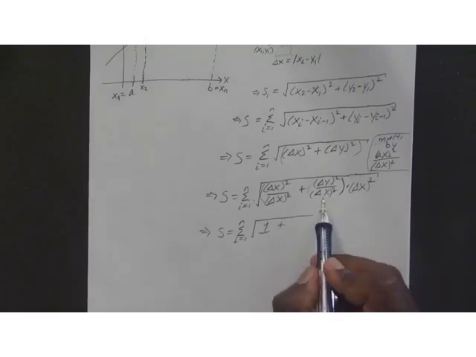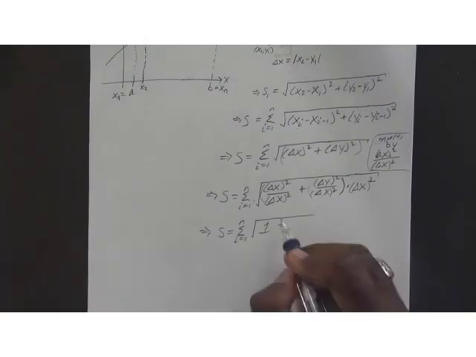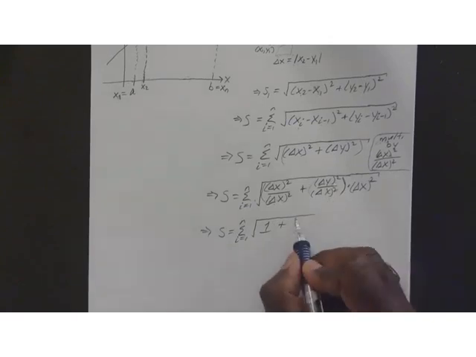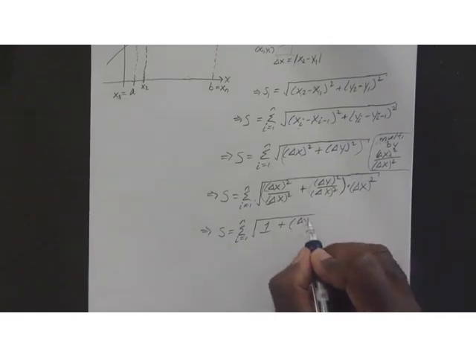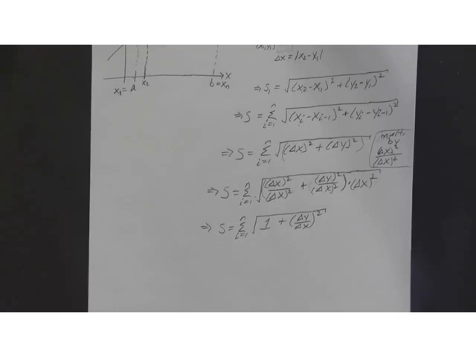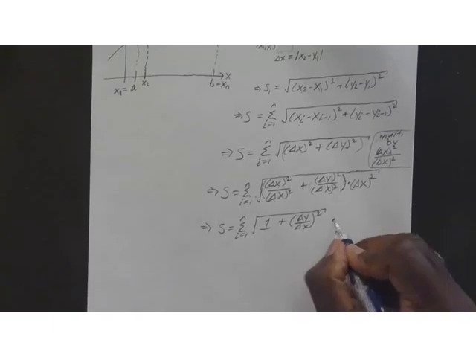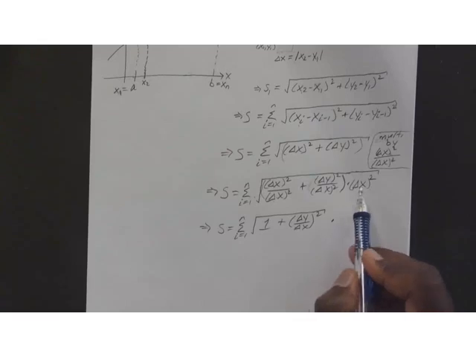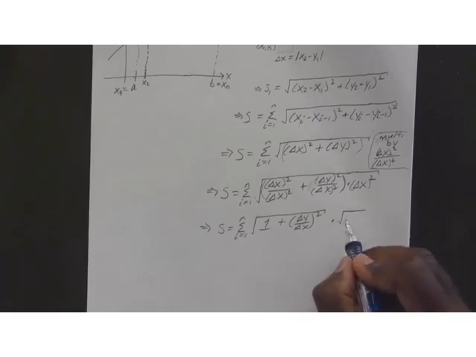Plus delta y squared divided by delta x squared. Since both are squared, we could just say that's delta y divided by delta x, and that entire quantity squared. And that will be multiplied by the square root of delta x squared.